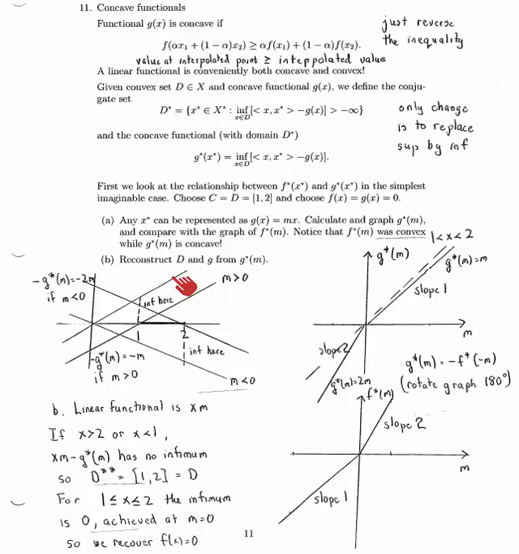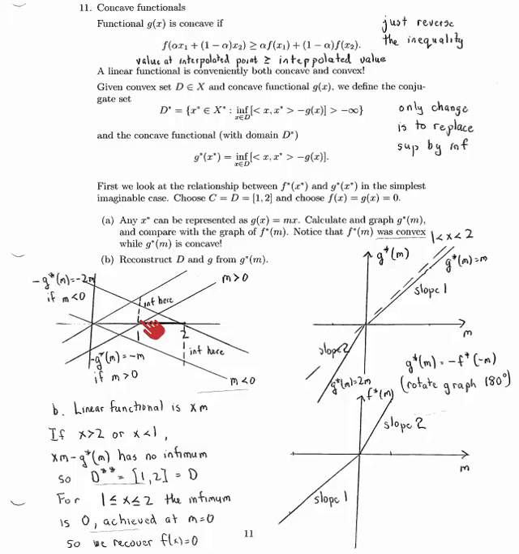Okay, what do we have to look for? We have to look for the infimum of the difference between a linear functional and the functional g that we're given. And it's clear that if we're dealing with a positive slope, the infimum is achieved at the left endpoint of the domain.